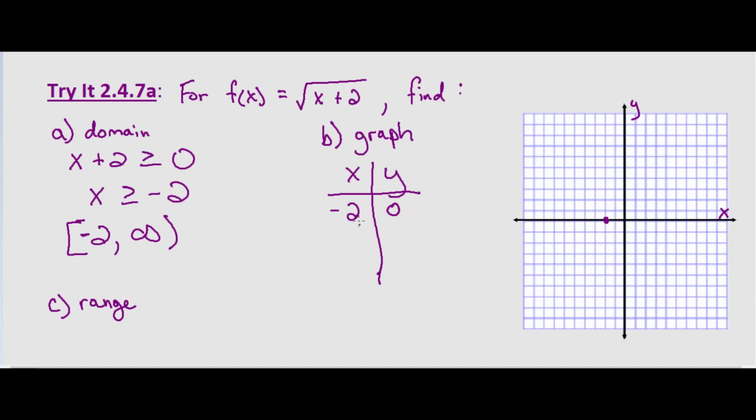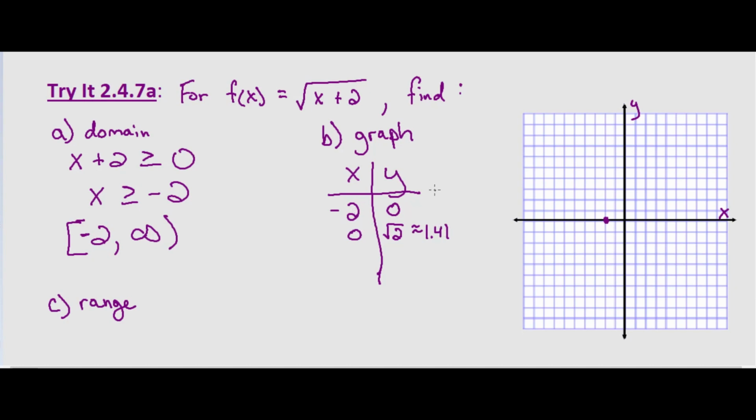Now let's go ahead and skip 1 and go to 0. F of 0, 0 plus 2 is 2, and that would be the square root of 2. Now the square root of 2 we can approximate for graphing purposes, and that's approximately 1.41.